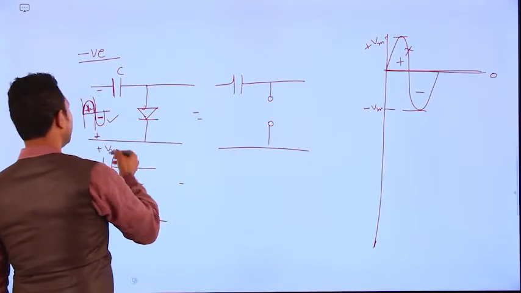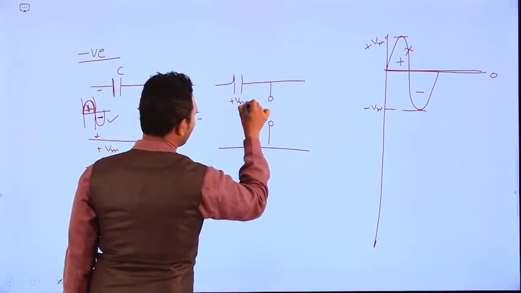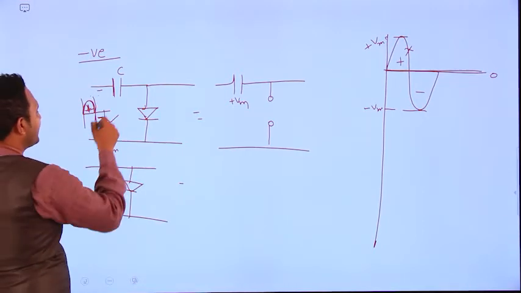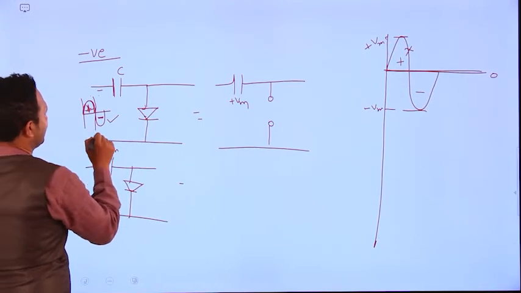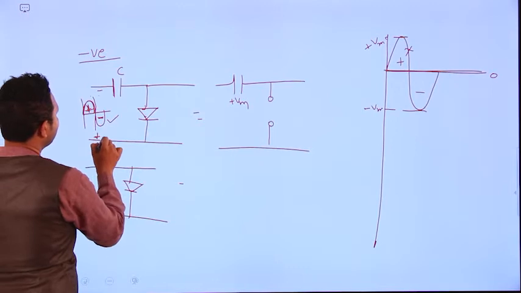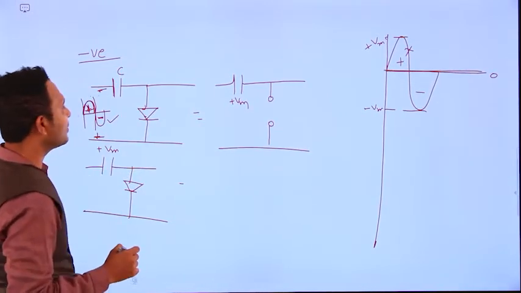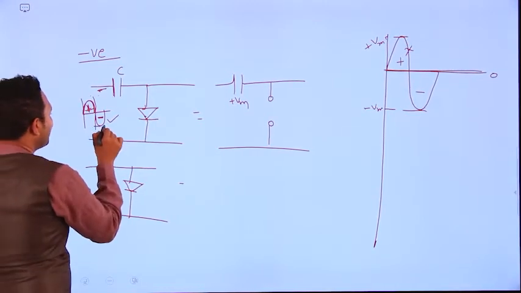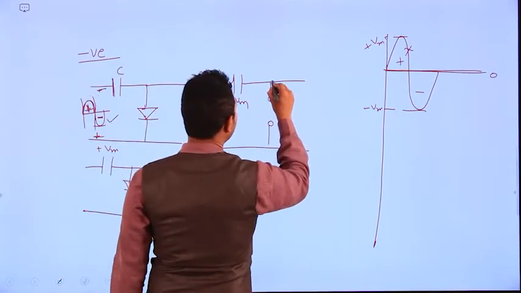The capacitor is already charged up to Vm, so at this time the polarities change: plus is connected here and minus here. At this time the capacitor discharges, and the negative peak is minus Vm.